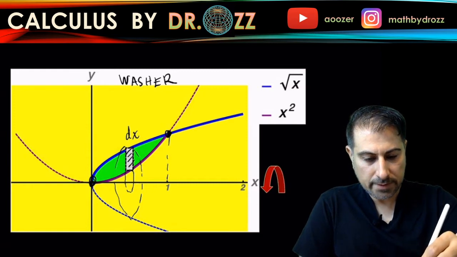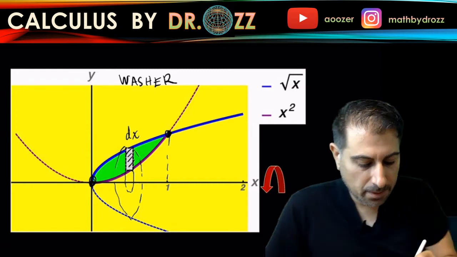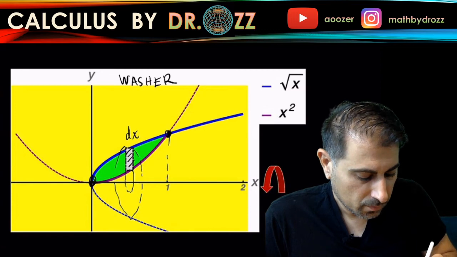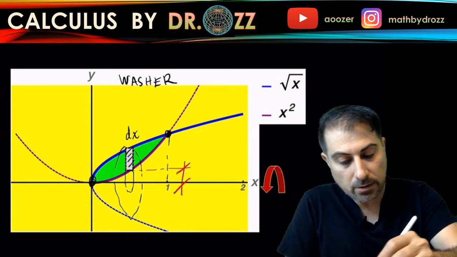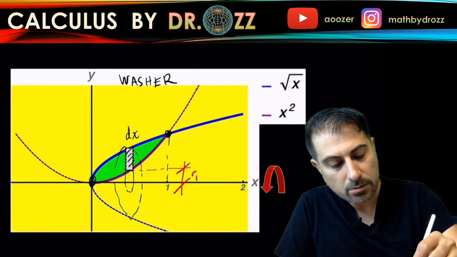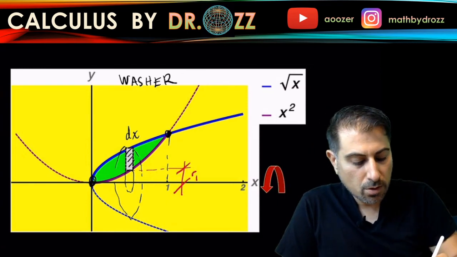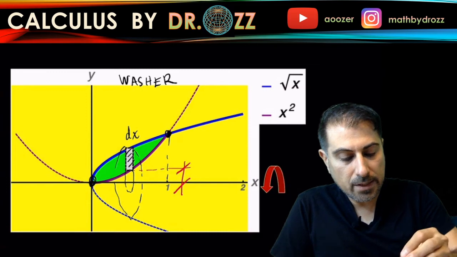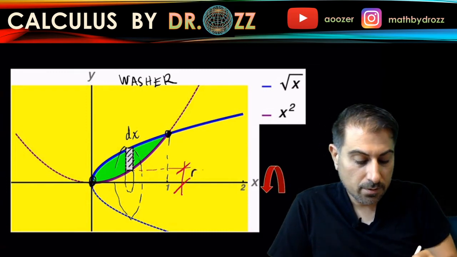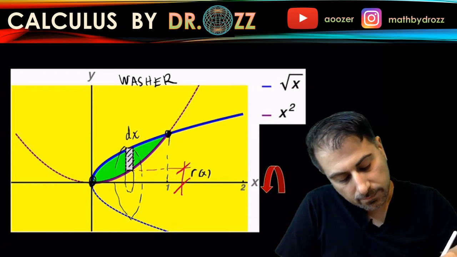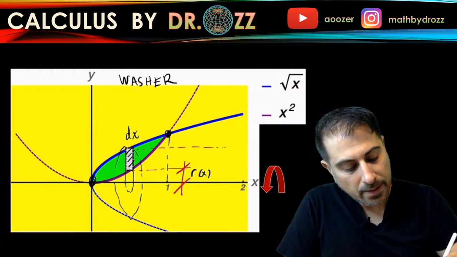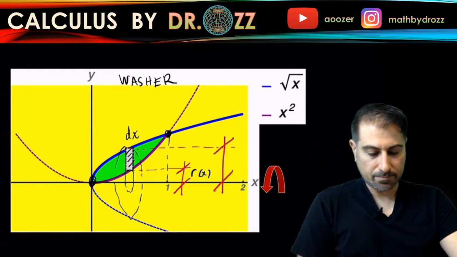So we have two tasks. One is to come up with the inner radius, let's say little r of x. And I need also the outer radius, which I represent by capital R of x.